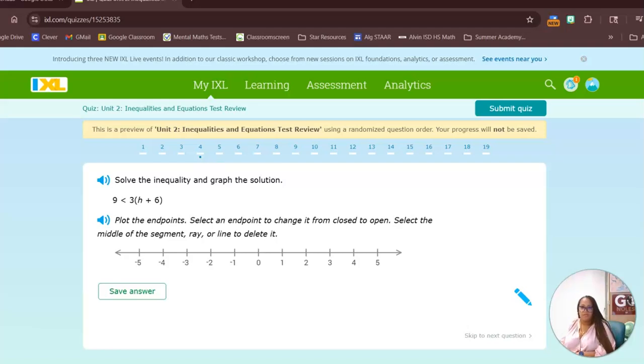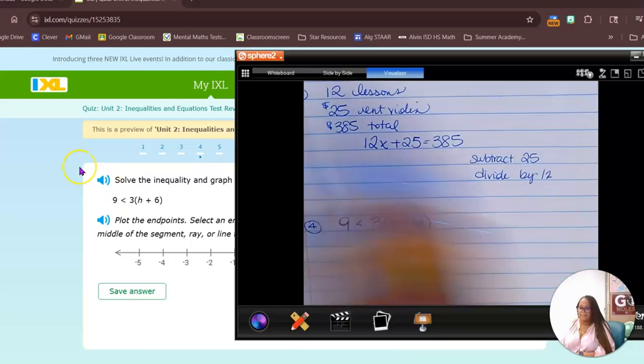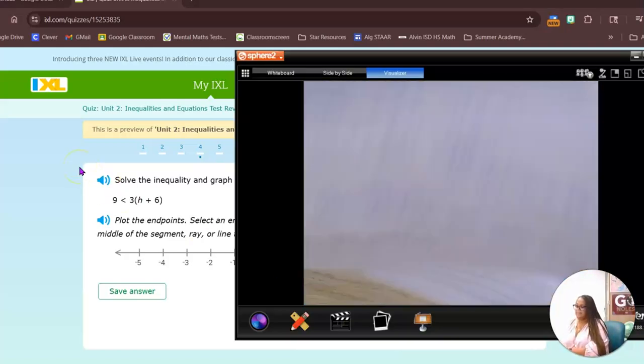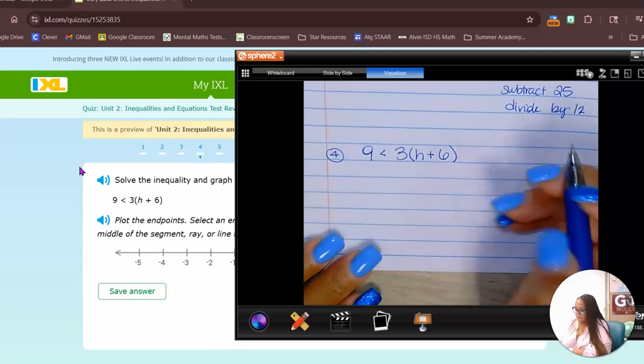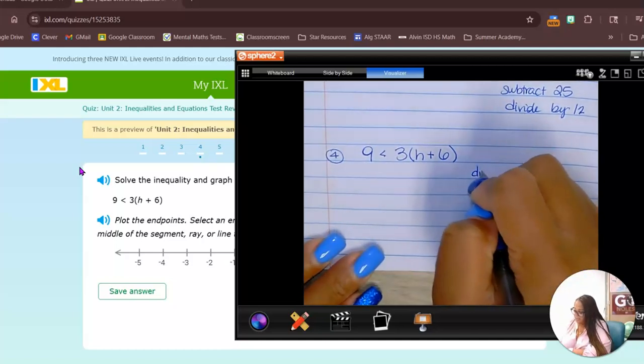Number 4, it says solve the inequality and graph the solution. So you've got 9 is less than 3 times the quantity of h plus 6. I would divide both sides by 3.